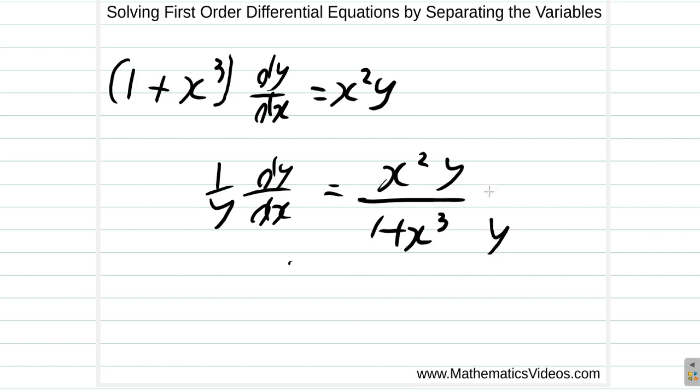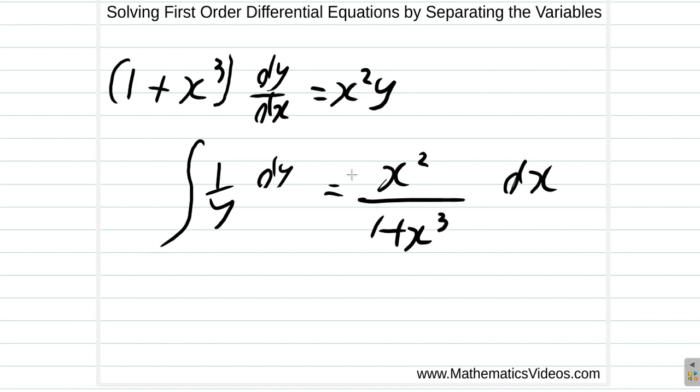When we divide by y, we have y under here, so they will cancel. Then multiply across by dx. So what we have is dx. Alright, so that's what we have there.